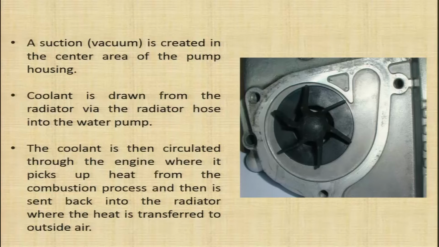The coolant is then circulated through the engine, where it picks up heat from the combustion process and then is sent back into the radiator, where the heat is transferred to the outside air.